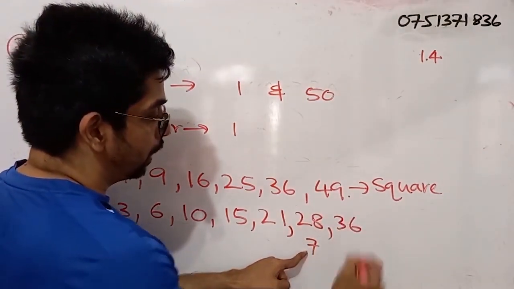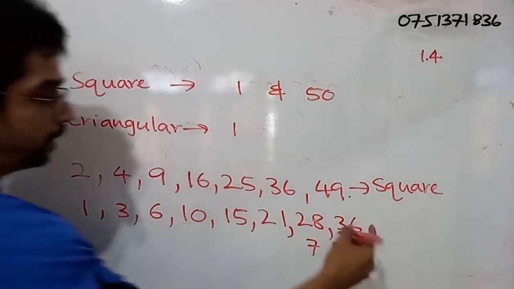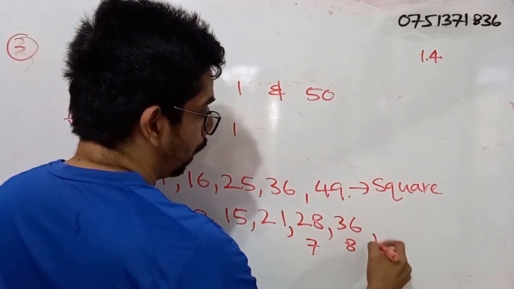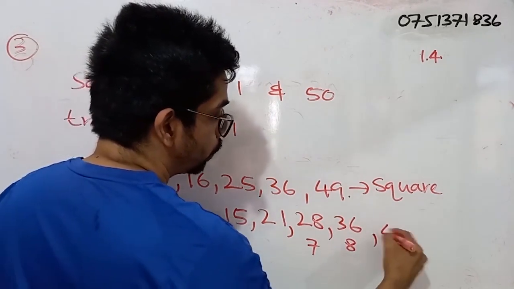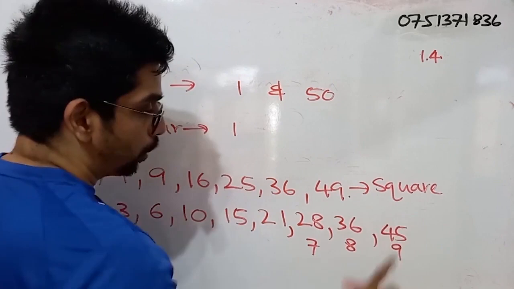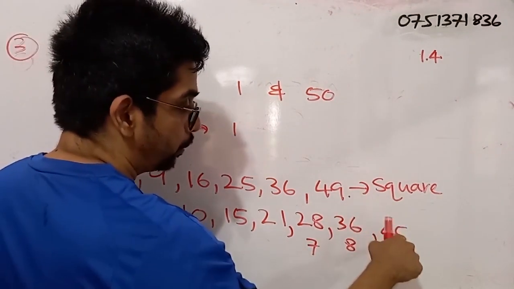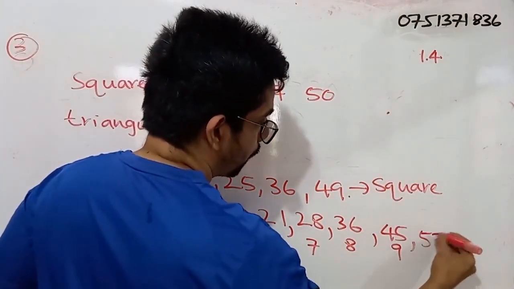So this becomes 36. So this is the 8th term. Then the 9th term. So I can add 9 to here. So this becomes 45. So this is the 9th term. So the next term is the 10th term. So I have to add 10 to that. So this becomes 55.